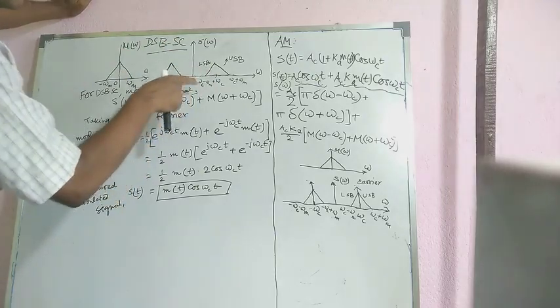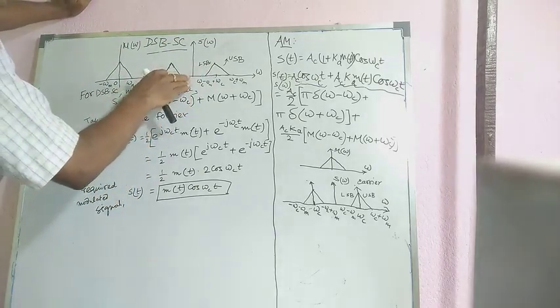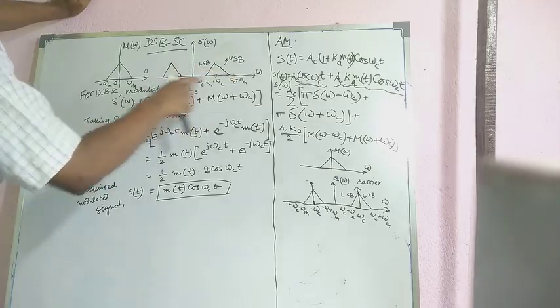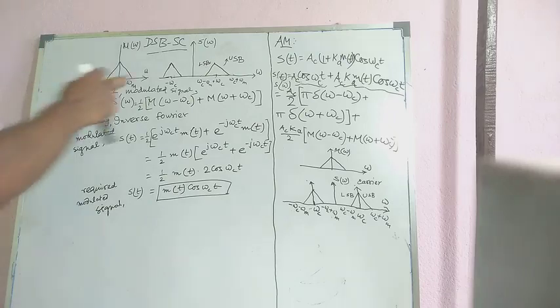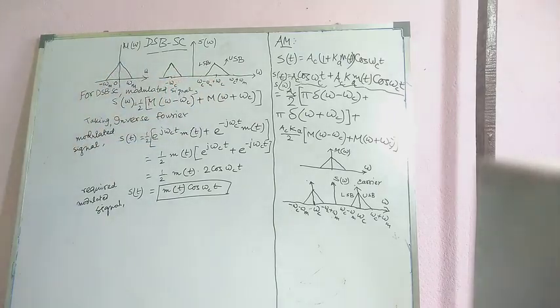We cannot scale exactly on the board. Actually, this omega c is very much higher than omega m, as we need a higher frequency carrier to transmit my message signal. Therefore, we need this part. But for mathematical derivation, for symmetry, we need the same at negative frequency.